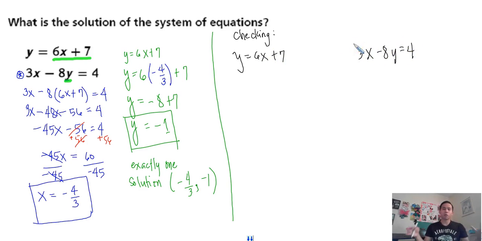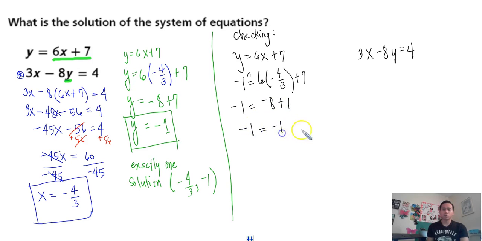If I plug in the values of x and y, are they equal? So y is negative 1. Is that equal to 6 times negative 4/3 plus 7? That is negative 8 plus 7, so negative 1 is equal to negative 1. We're right there.